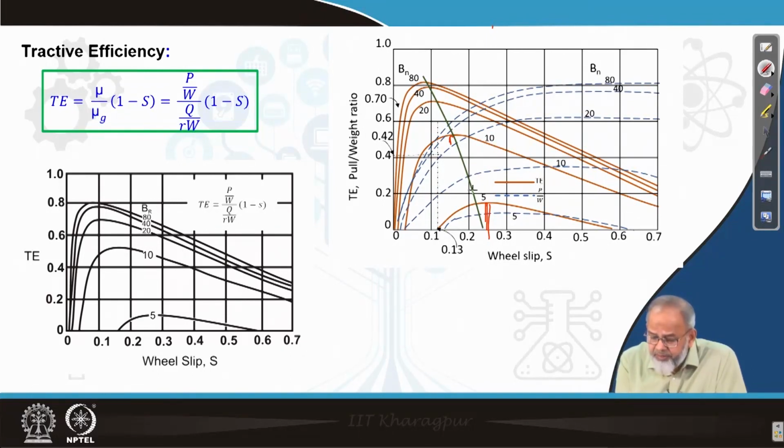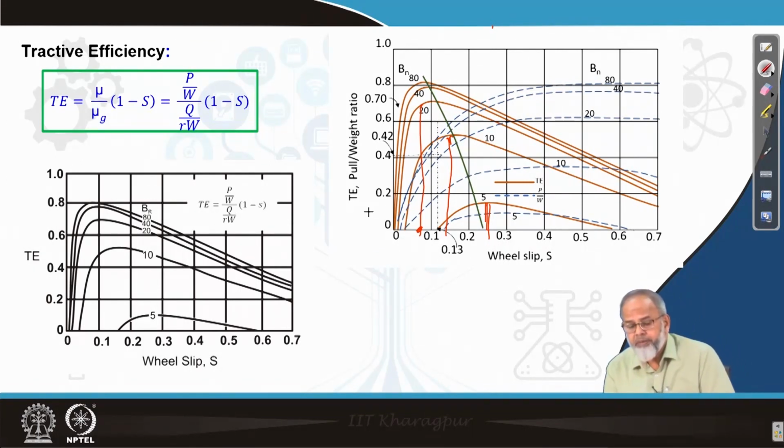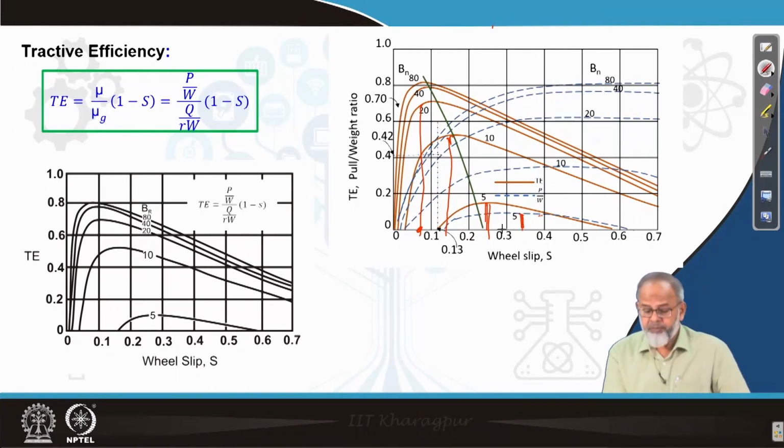Whereas at these slip values, if you draw vertical lines, at these slip values the COT curve, that is the coefficient of traction curve, or the pull to weight ratio curve, is not giving the maximum value. So, maximum value you can see you are getting somewhere here. In case of mobility number 5, in case of mobility number 10, you are getting maximum here.